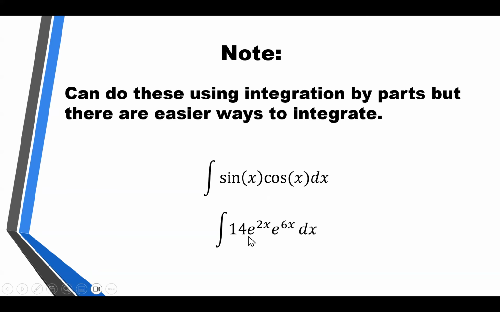You can use integration by parts with exponential times exponential, but it's going to be a lot easier to just say, well, actually, exponential times exponential, utilizing some algebraic techniques, that's going to be e to the 8x when I combine those. So that's just integrating 14e to the 8x. We'll see how to do integration of sine times cosine in the next section. But my point is, integration by parts is one of many techniques.